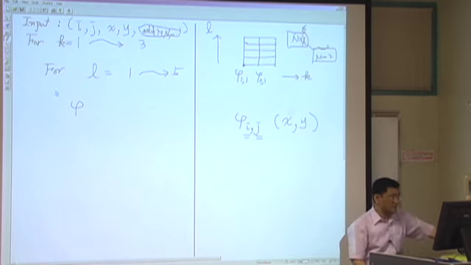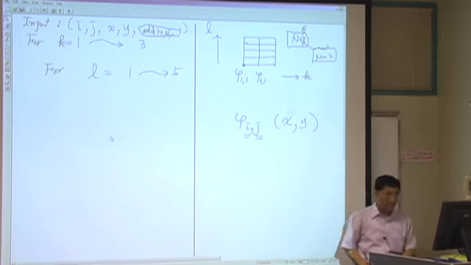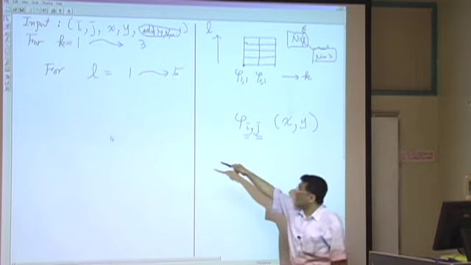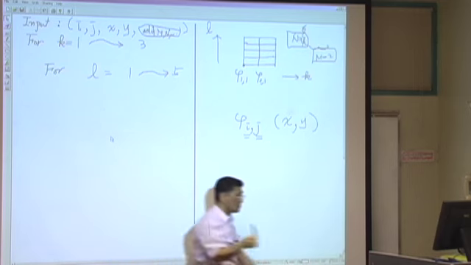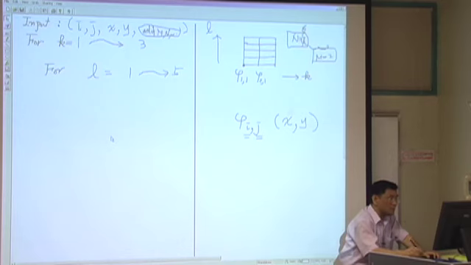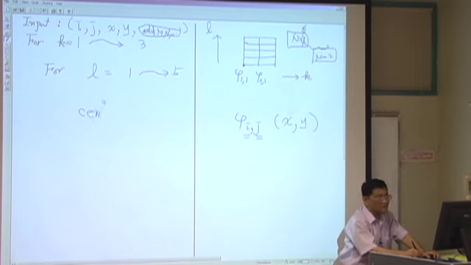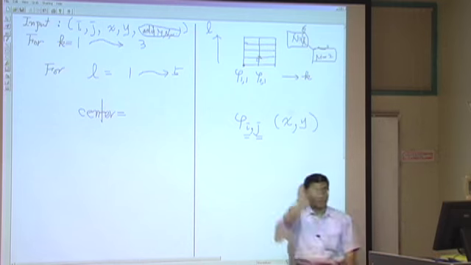Then, first of all, we should find the anchor position, center position, right? So what is the anchor position or center position? Do you like center or anchor? Center position is the point having height 1, right?